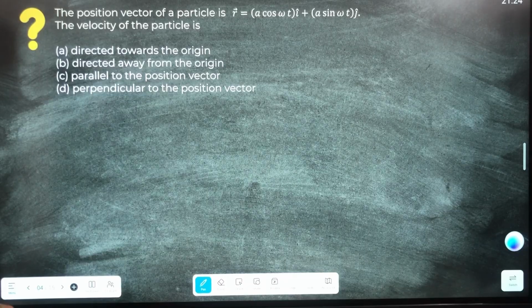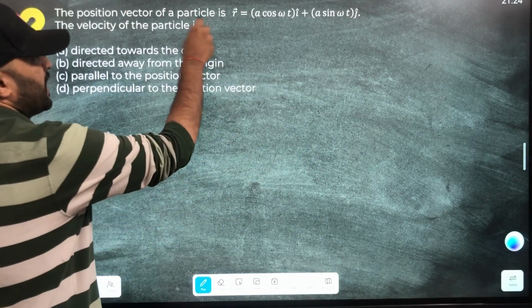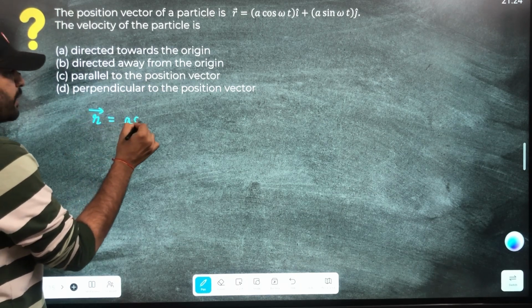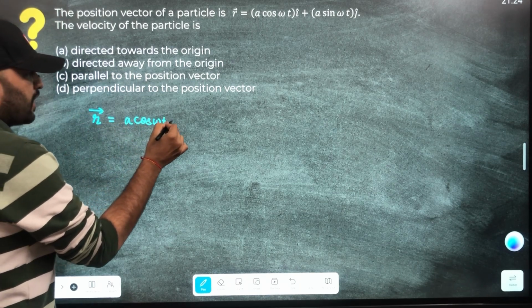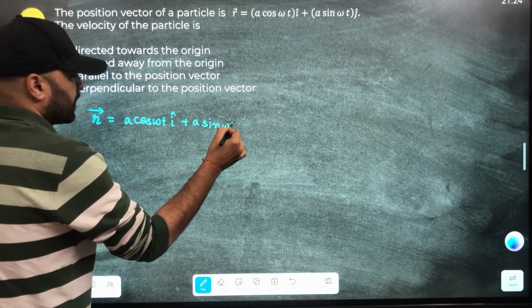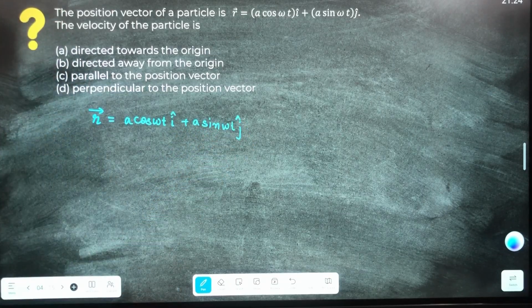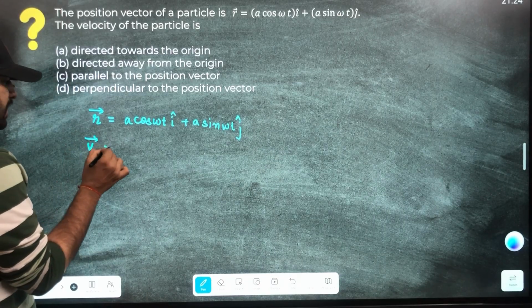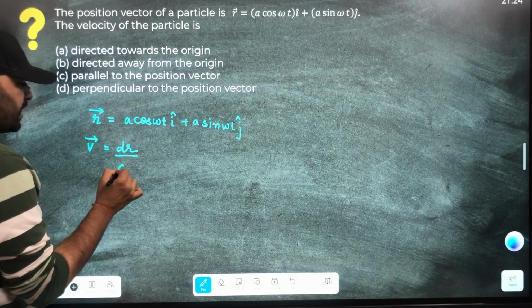Great. Our next problem says a position vector of a particle r is r = a cos omega t i cap plus a sin omega t j cap. Correct? You have to find the velocity. Now v is the derivative of position, dr by dt.